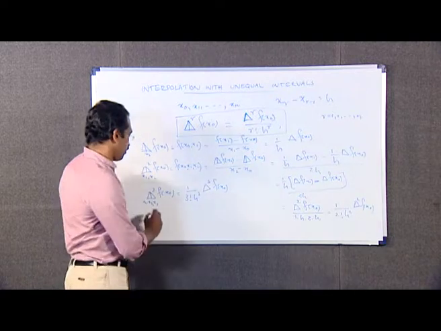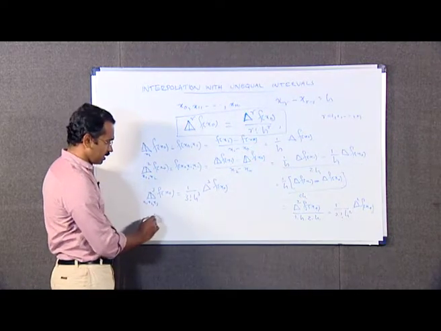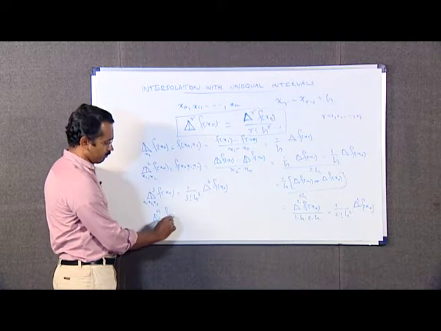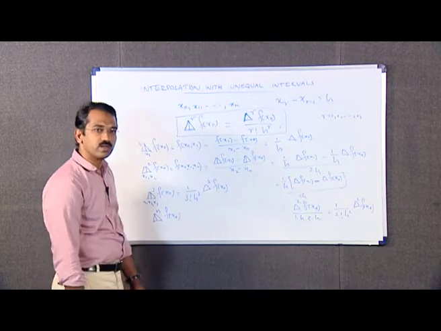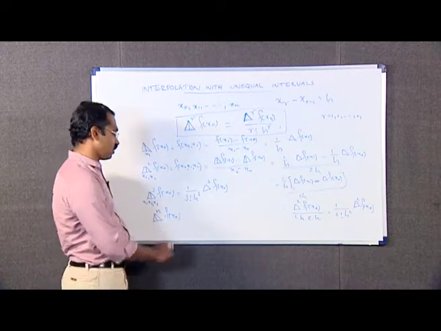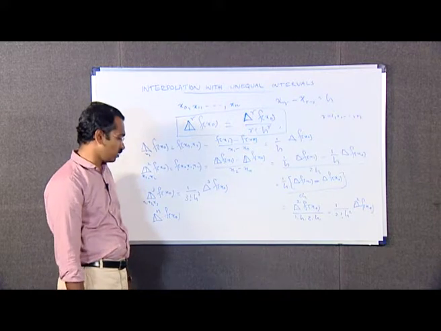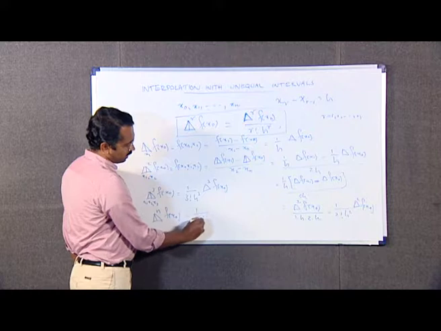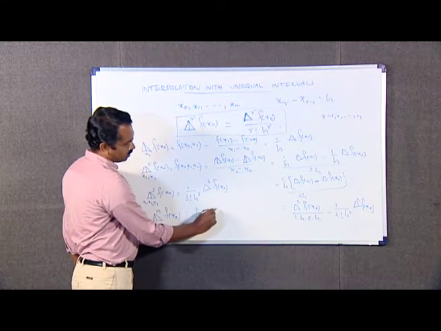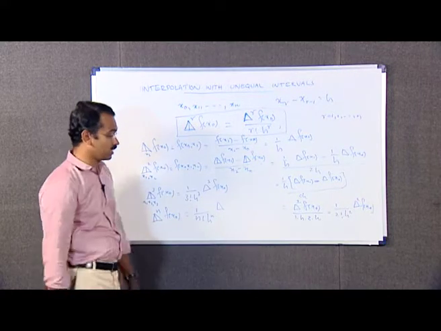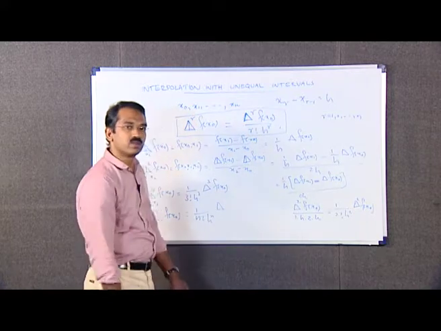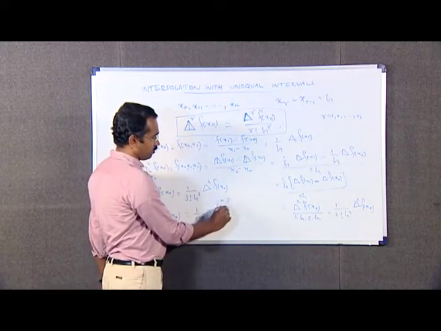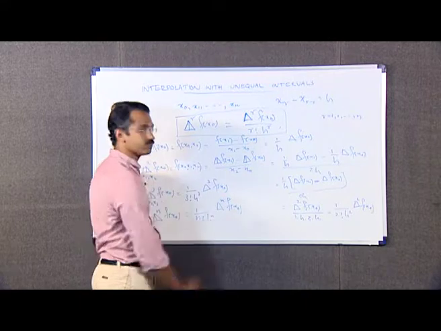In general, we can show that the nth order divided difference between the arguments x0, x1, etc., up to xn is equal to 1 by n factorial into h raised to n into the nth order forward difference, delta raised to n f of x0.